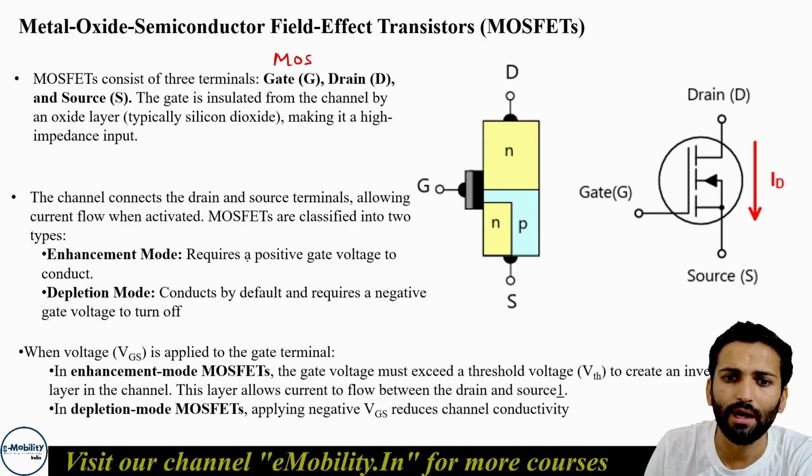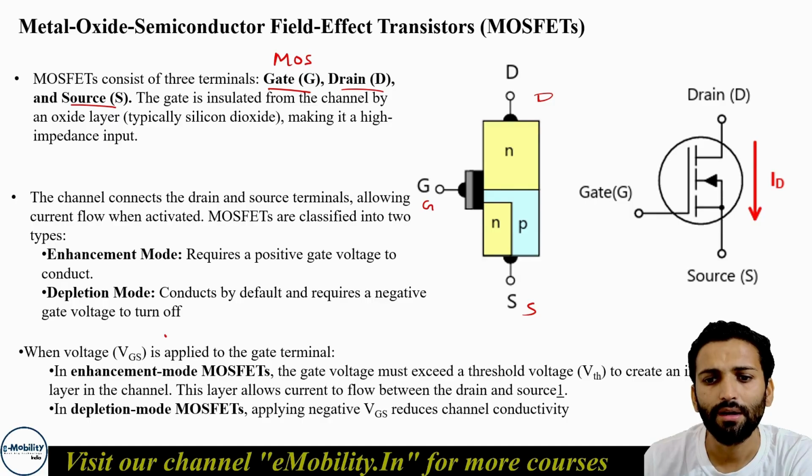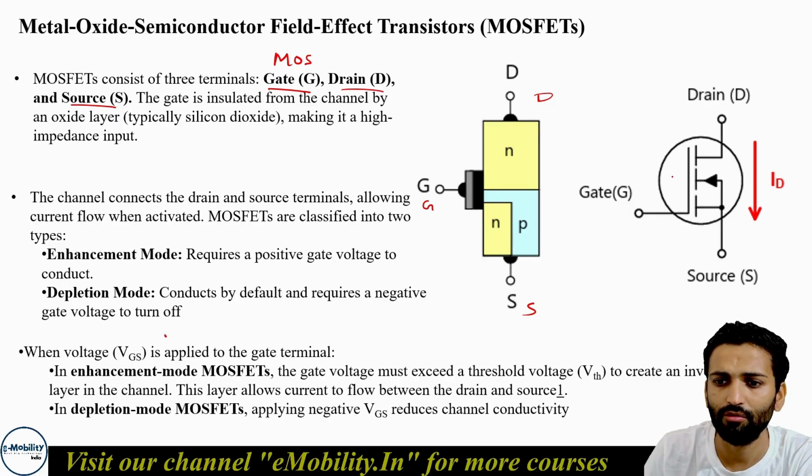Usually a MOSFET consists of three terminals: one is gate, one is drain, and one is source. This is drain D, this is source, and this is the gate. Why is it named gate? Because as soon as we apply voltage on the gate, the drain source channel starts to conduct, as shown in this figure.